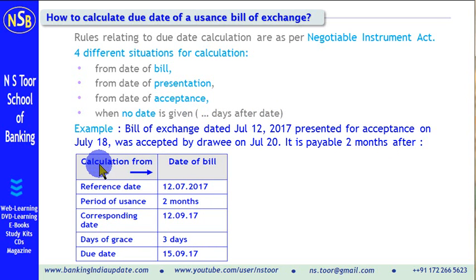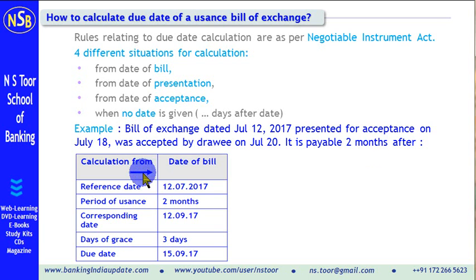So here we have to make the calculation first from date of bill. So it is payable 2 months after date of bill. If that is the question, that payment is to be made after 2 months from date of bill, then how shall we make the calculation?